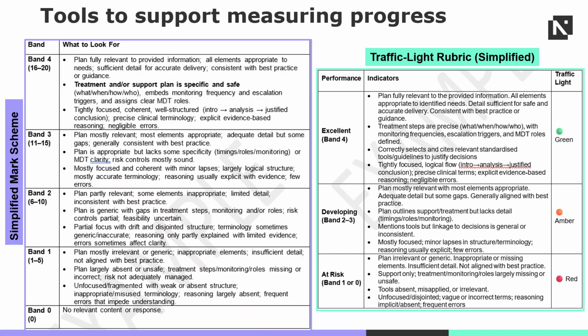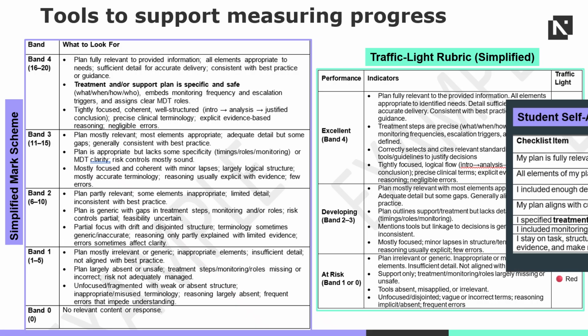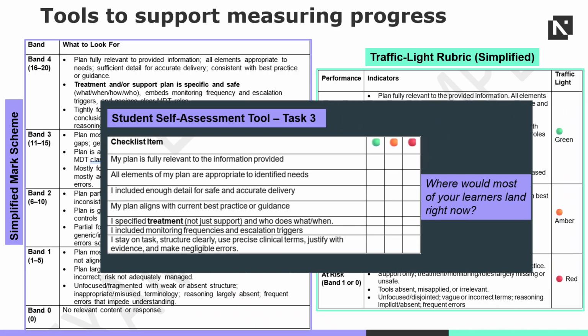So again, we have a traffic light rubric system that you can use within your teaching and delivery. So that mirrors again the criteria on the left, and then mirrors down to the different bands below, so Band 3, Band 2. So we're moving from excellent to developing to at risk. And then finally, we have a checklist that makes it very clear for students to self-assess.